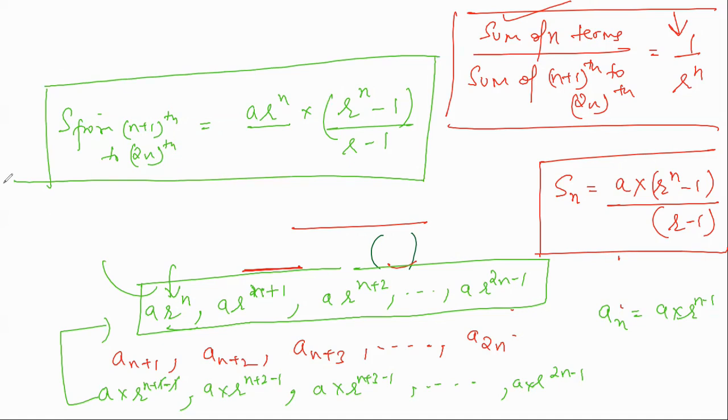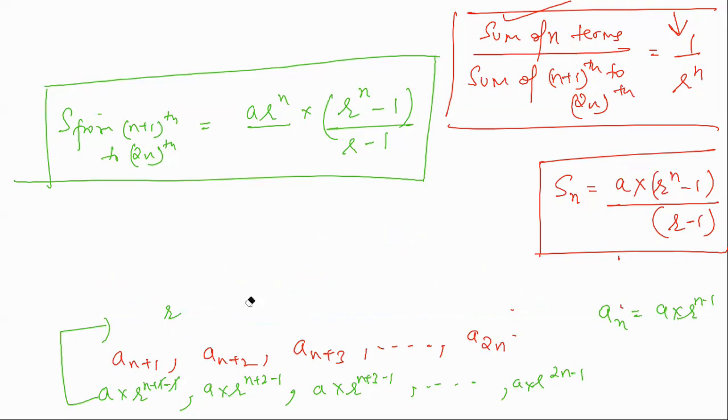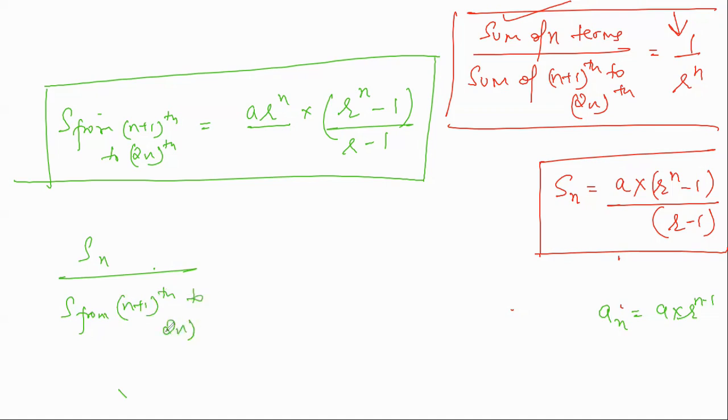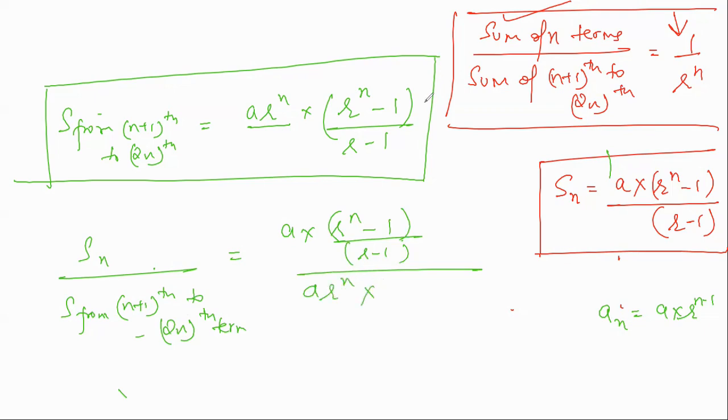Now we have to find the ratio. We have the numerator and the denominator. When we divide the numerator over the denominator, the sum of n terms of a GP over the sum from the n plus 1th term to the 2nth term equals a times this one over a times r raised to the power n, with r to the power n minus 1 over r minus 1.